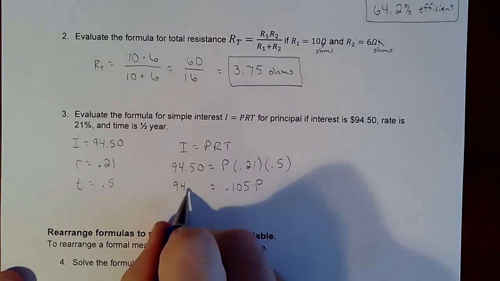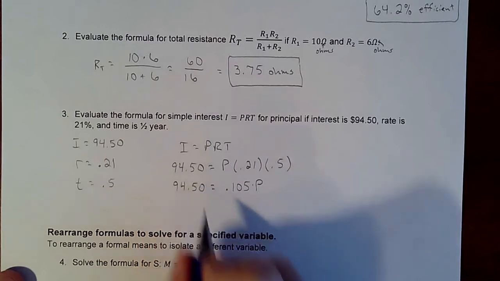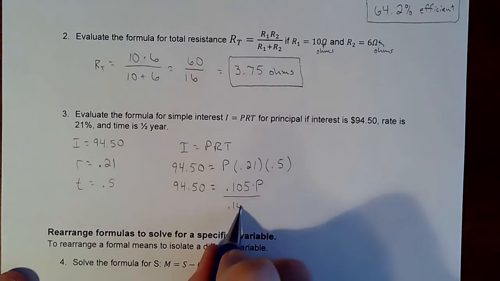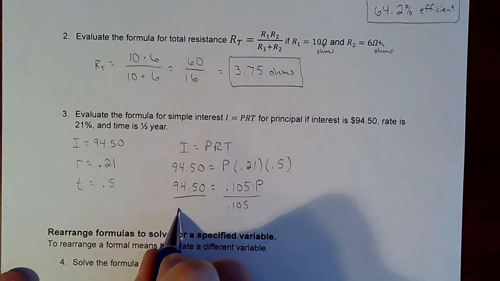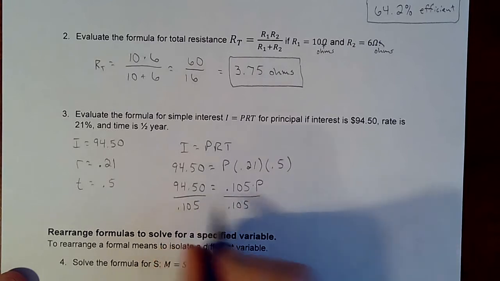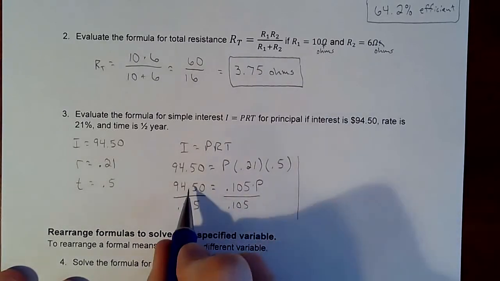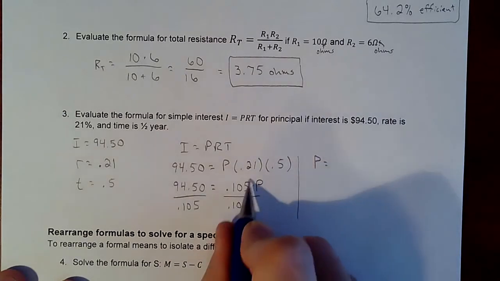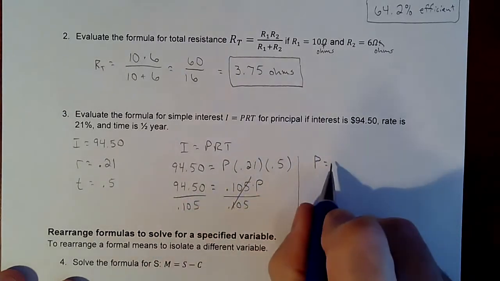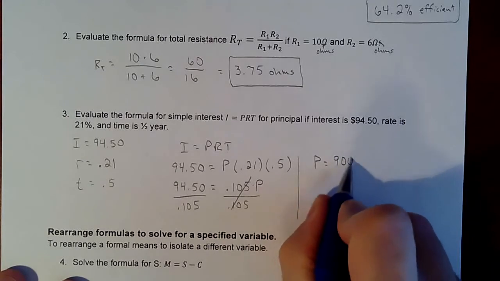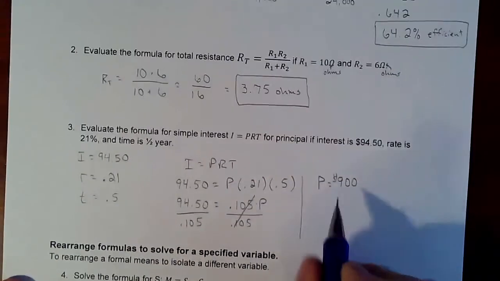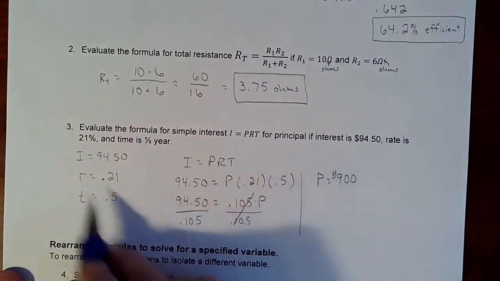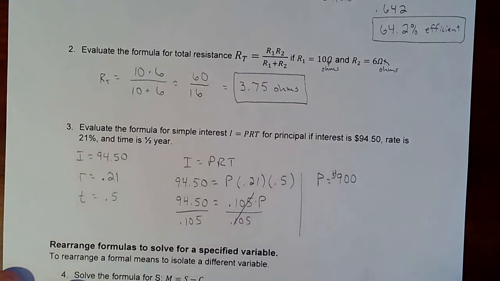Because it's all multiplication, the order doesn't matter. And then we are going to be dividing by the 0.105. If you throw that into the calculator, for your principal, those would cancel. This would turn out to be $900. So if we invested $900 at 21% for half a year, we would earn $94.50.